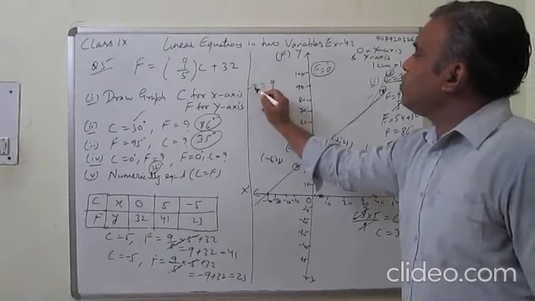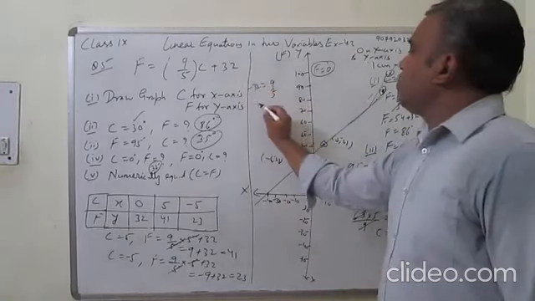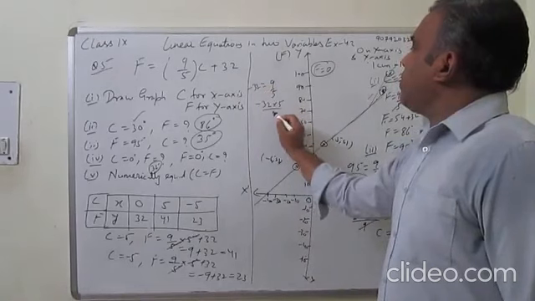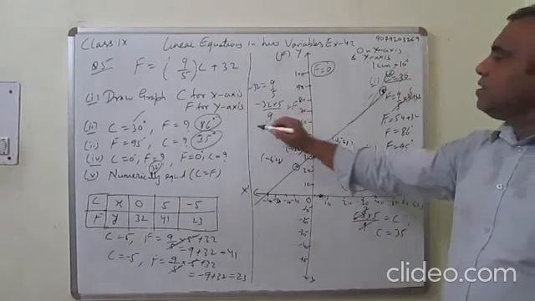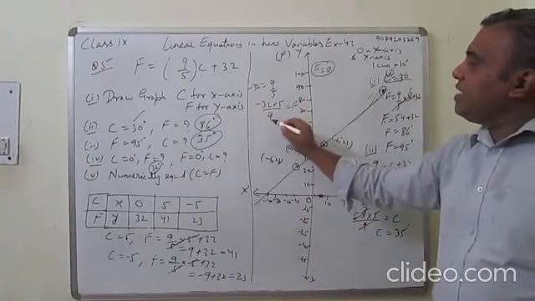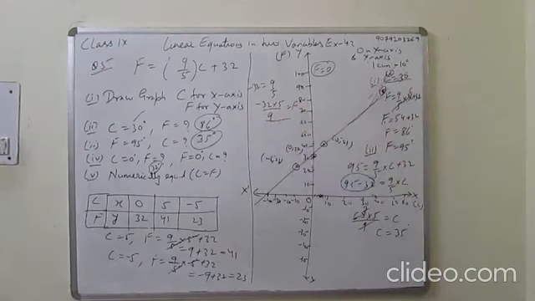Minus 32. Minus 32 into 5 upon 9 is equal to C. So divide करेंगे तो ये वैल्यू आ जाएगी.